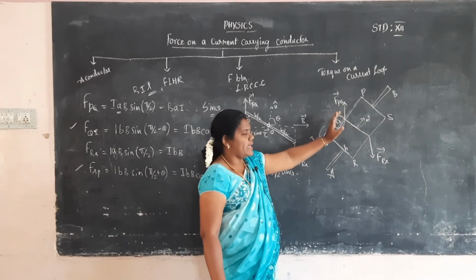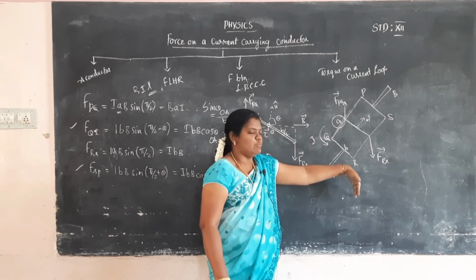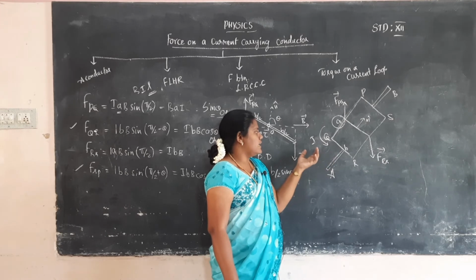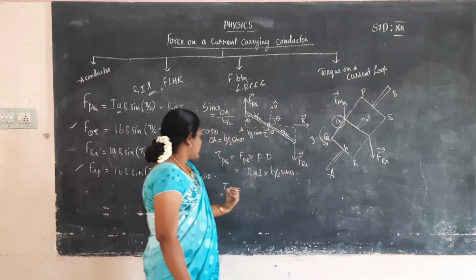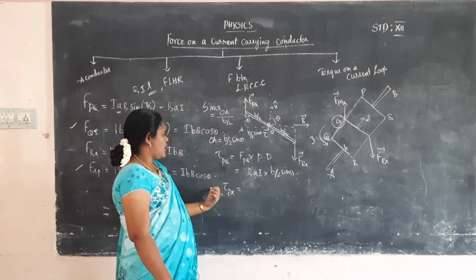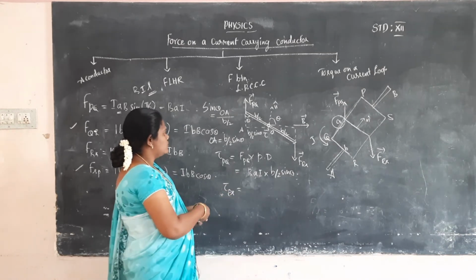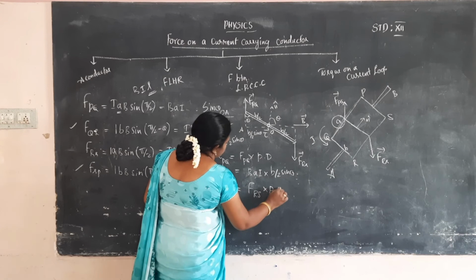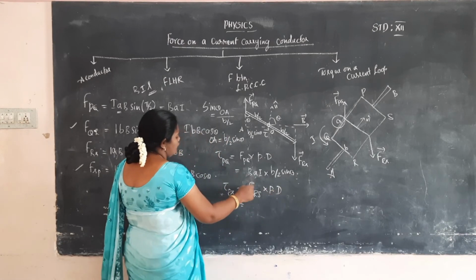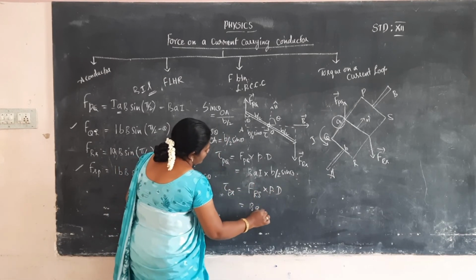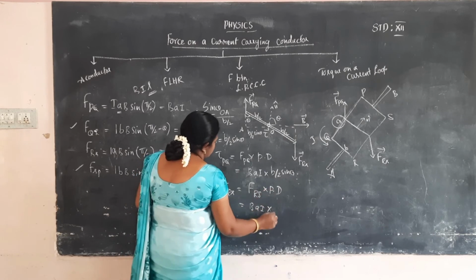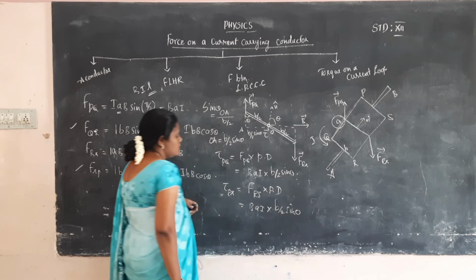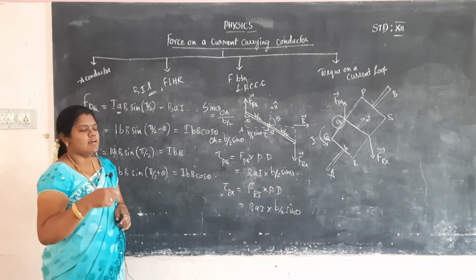One force acts upward and the other force acts downward, creating torque on the conductor. Tau RS is equal to FRS into perpendicular distance. FRS is equal to BAI, and the perpendicular distance is also b by 2 sin theta. That is the torque on BQ and the torque on RS.